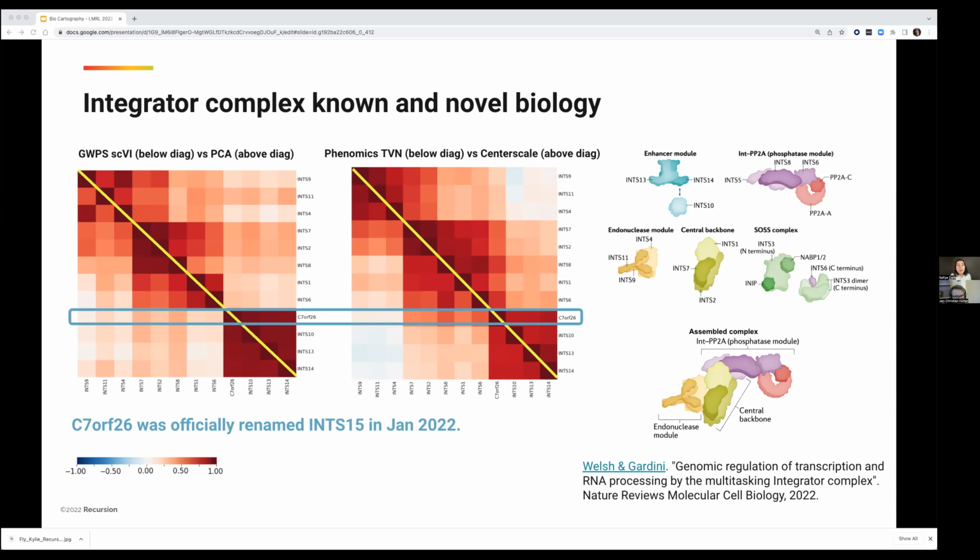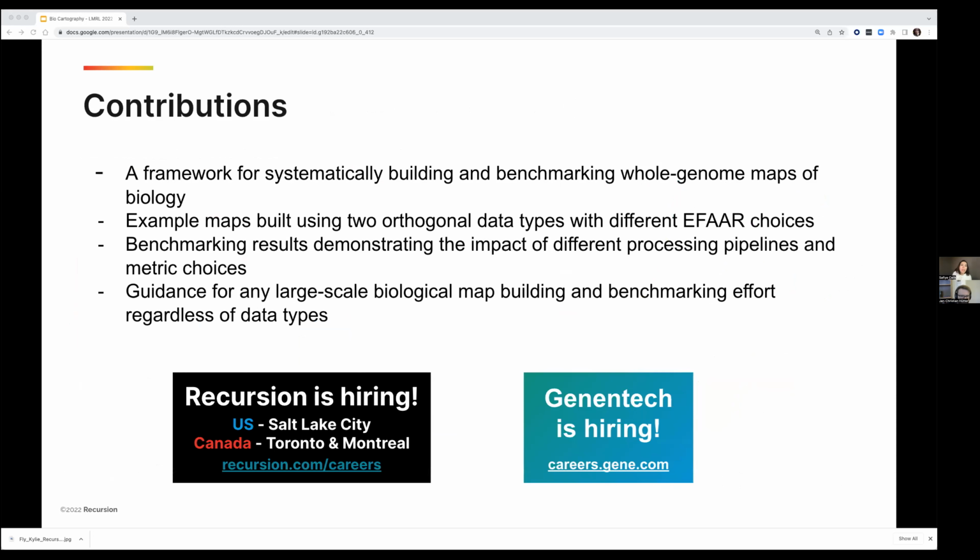This gene was officially renamed in 2015, earlier this year, after 2 papers, including the genome-wide perturb-seq paper, proposed it as part of the integrator complex. This is really a good example of how we can use those maps to discover unknown biology.